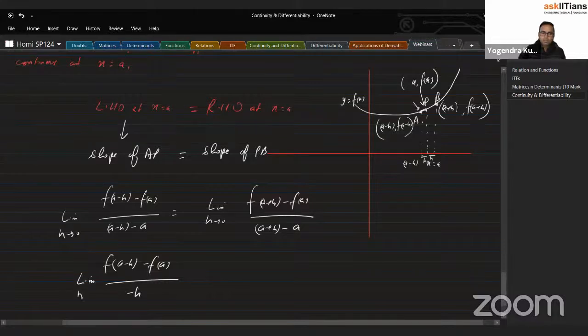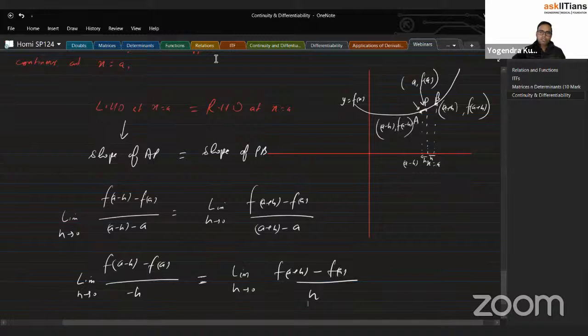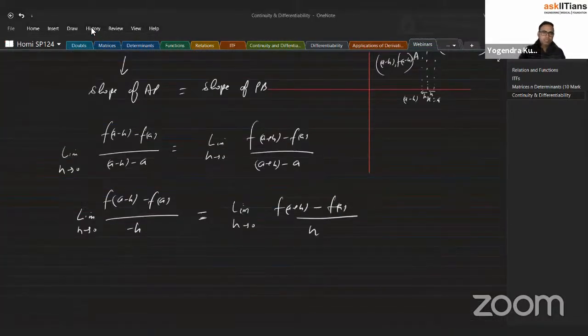So remember this way, and you will not make the mistake of not writing h. Sometimes they write f of a minus this, so that the minus gets adjusted. But I would say remember it this way: for LHD we should have minus h, and for RHD we should have plus h.